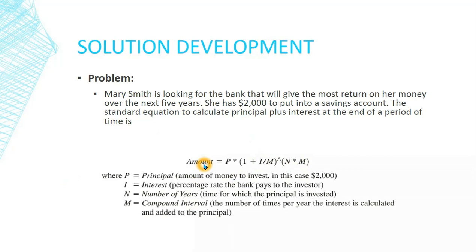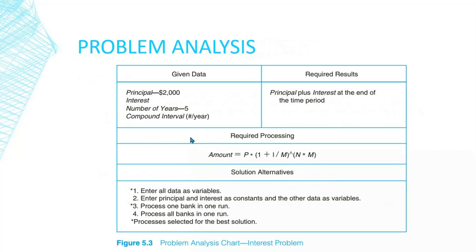Okay, so how do we solve a problem like this? We have to decide which data we need, what should be the results, and what's the required processing and the solution alternatives. And if you remember, this is what we called PAS or problem analysis chart. So the given data for this problem is the principal, the amount, which is 2,000 in this case, the interest, which is varied from one bank to another, and the number of years, and in this case it's 5 years, and the compound interval, it depends on the bank.